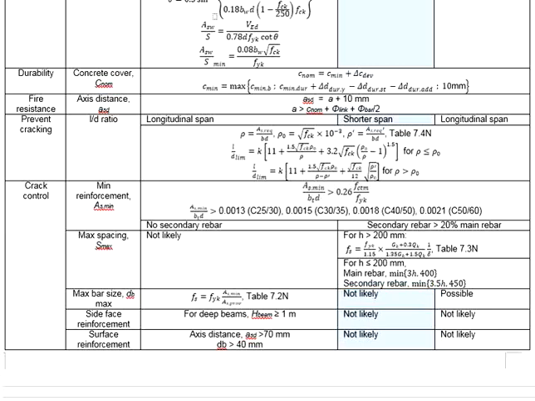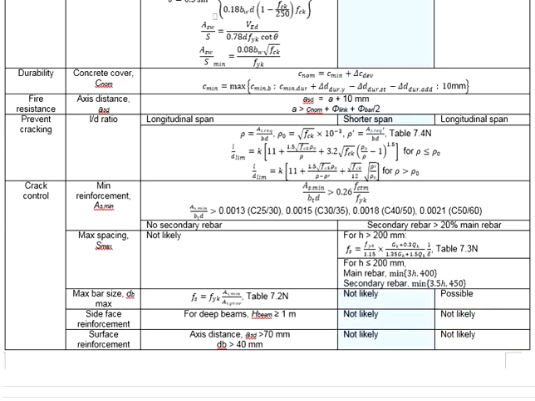Therefore, if you wish to check for the maximum bar size, you can check for the beam and probably the staircase. The side face reinforcement and the surface reinforcement are not applicable for the slab and the staircase.